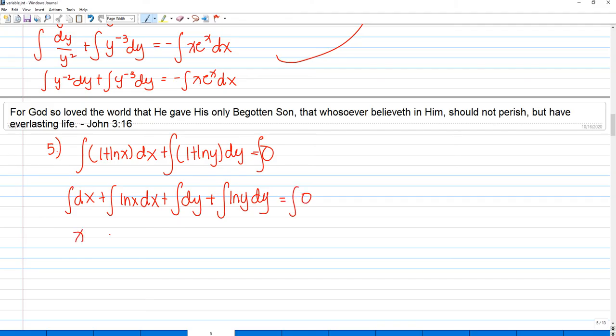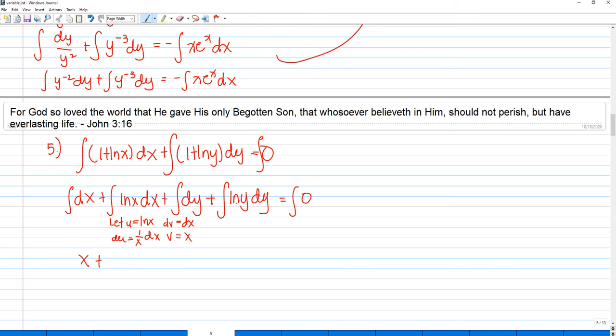The integral of dx is x. And we can use integration by parts here. Let me just rewrite this so that we have space. Integration by parts: we have to let u equals ln of x, so du is 1 over x dx. Of course, our dv would be dx, and v equals x.